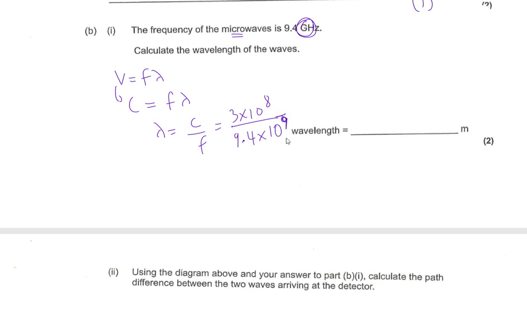Then you get your answer of 3.2 times 10 to the power minus 2. So that is your answer. Again, to get your full marks, we must see the substitution with the conversions and then your answer.